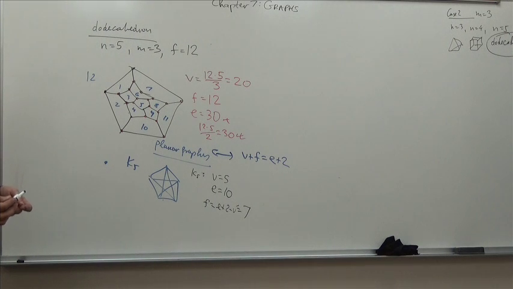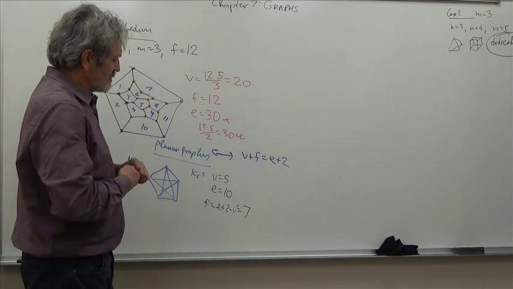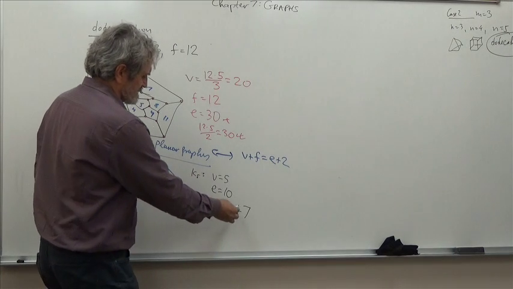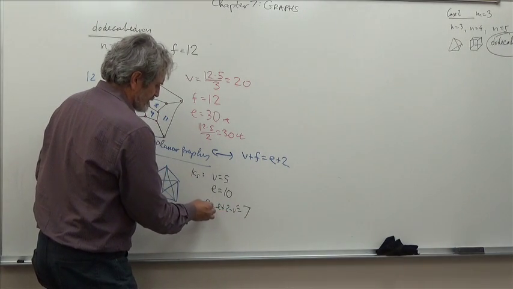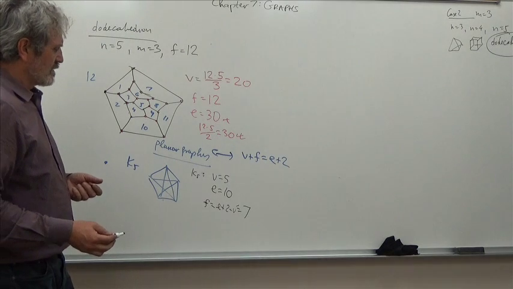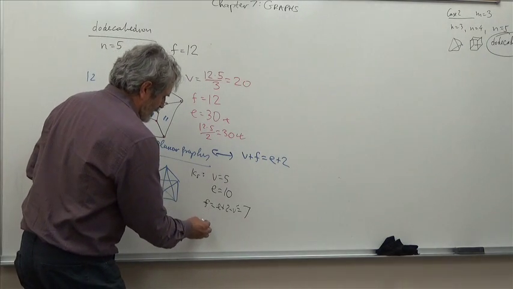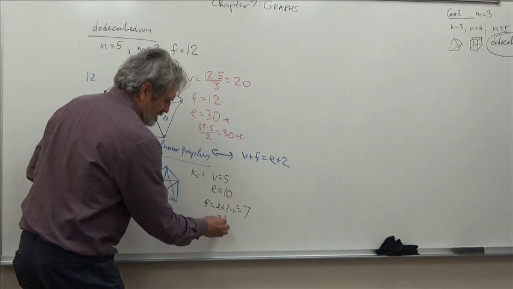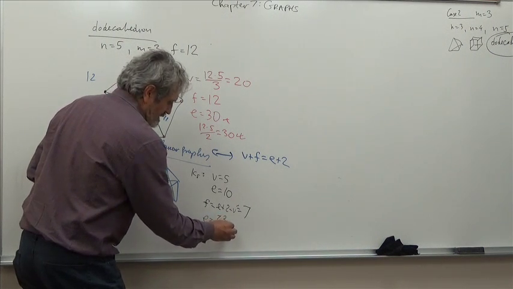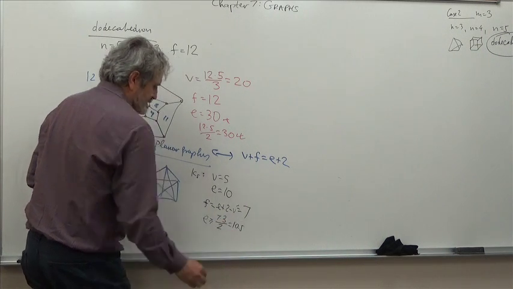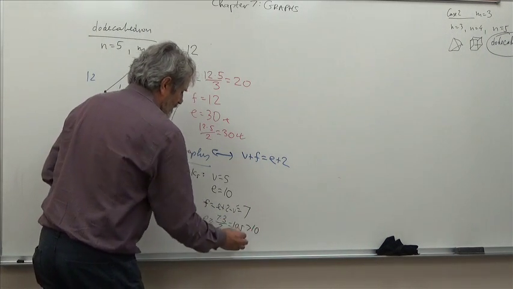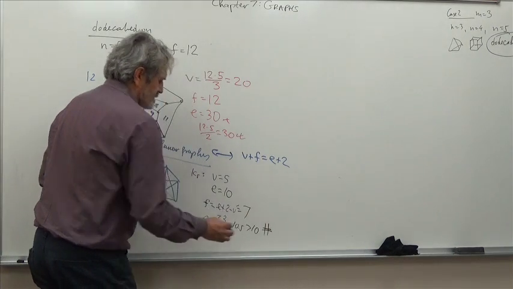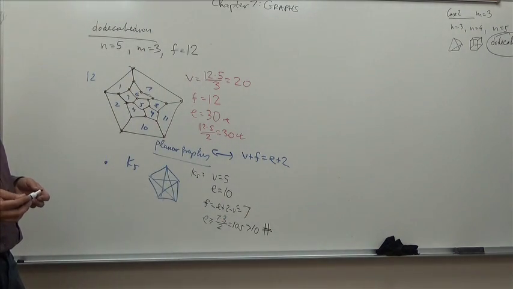But then 7 faces would need an enormous number of edges. The number of edges should be greater or equal, each face needs at least 3, and then there is that sharing, but that's 10.5, and that's bigger than 10. So contradiction, you cannot have that.